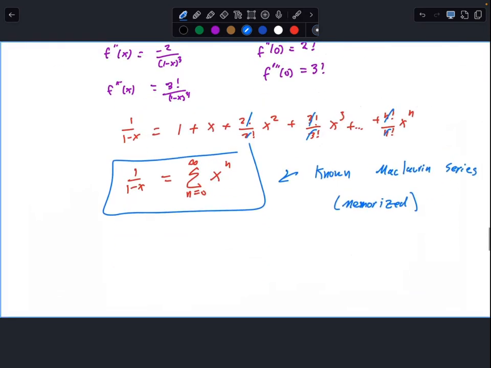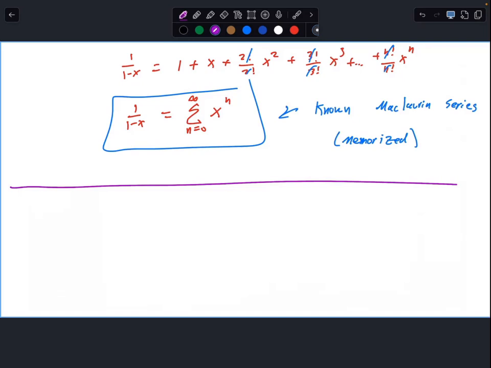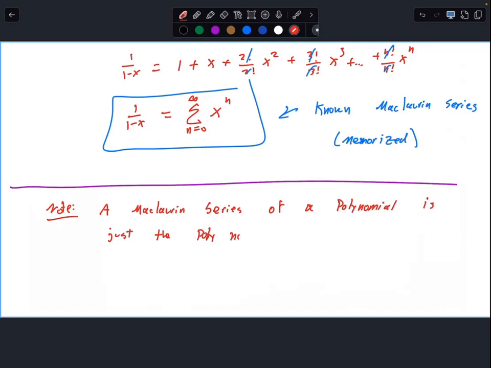Now, something to note here that's going to help us for the next piece. Please note, a Maclaurin series of a polynomial is just going to give us the polynomial, to the nth power.